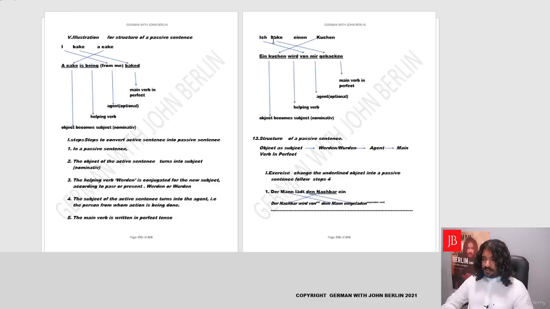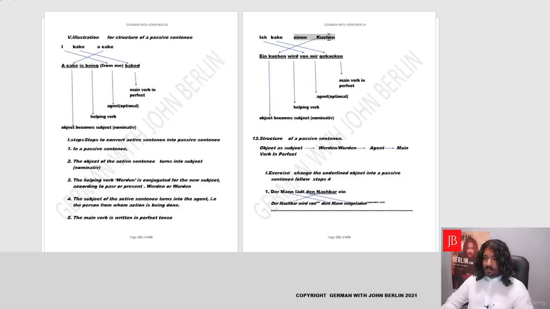If you follow this in German, it'll be Ich backe einen Kuchen. It'll become something like this. Ich will become von mir. That's the person through whom the action is happening. Backe will become gebacken. That's the perfect tense of backen, gebacken.